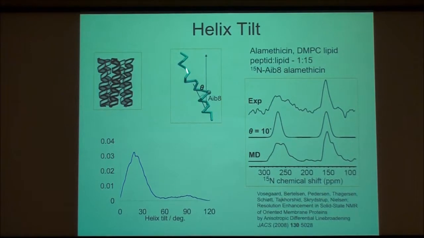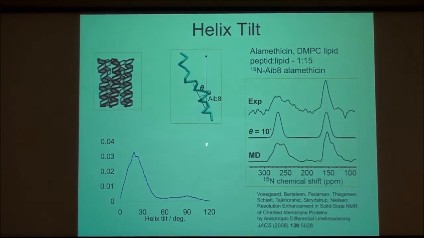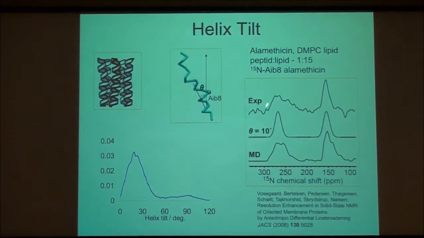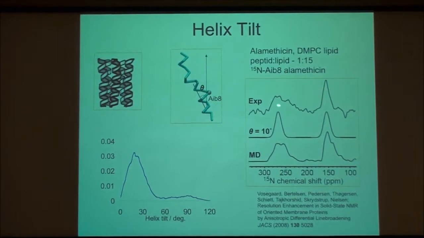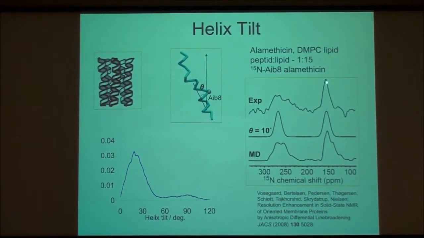If you look at the tilt angle of this helix, for example, the angle of the axis of the helix with respect to the membrane normal, experimentally, you have such a distribution based on NMR.